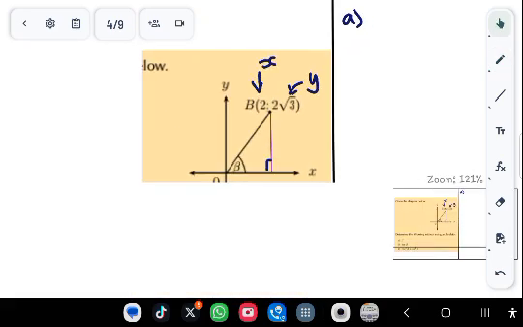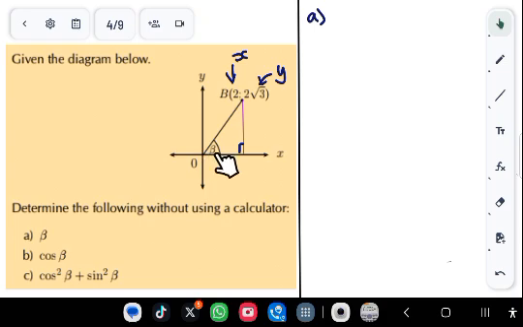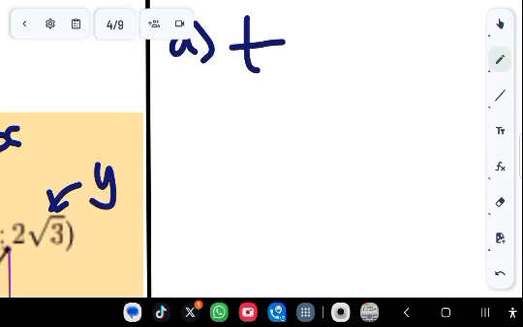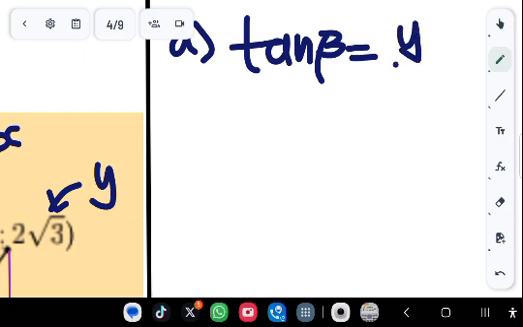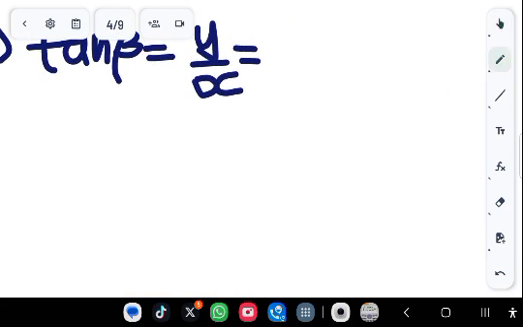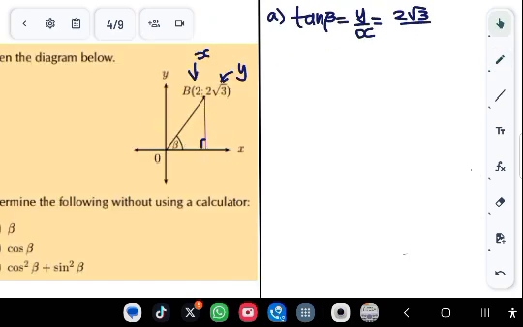So we're given that. Now if you look at this, we've got x and y, meaning that we can use the tangent of beta to figure out the angle easily. The tan of beta is y over x, which equals 2 root 3 over 2, where y is 2 root 3 and x is 2.